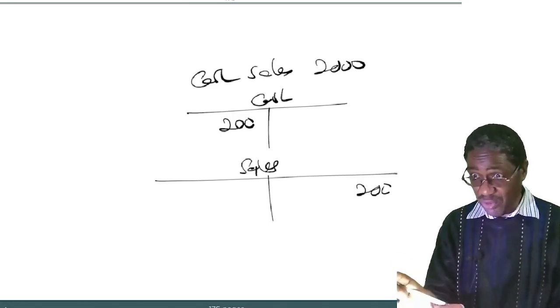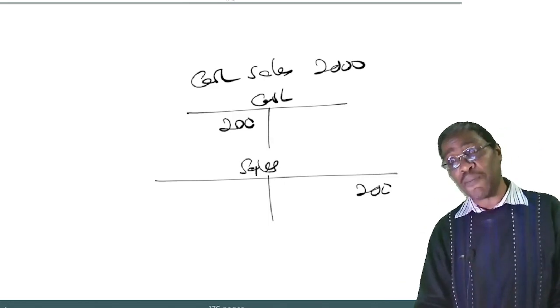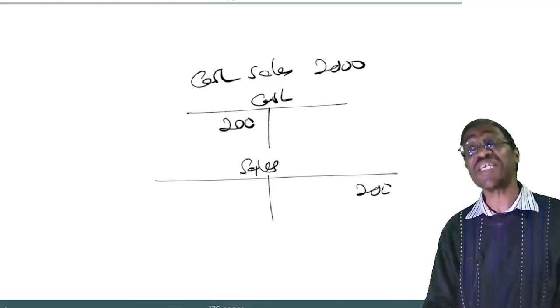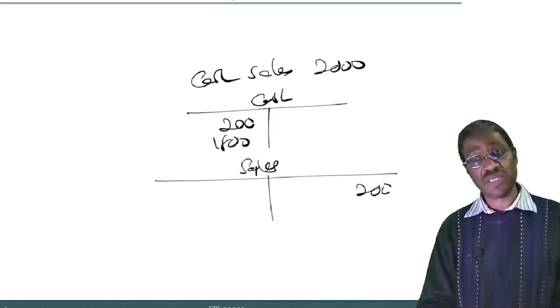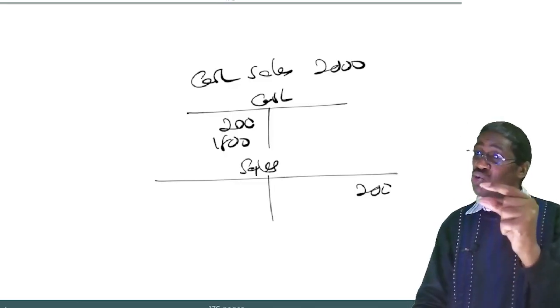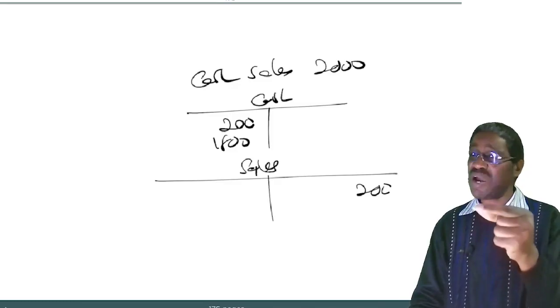We shall look at the format. But if I'm to correct this error, I'm supposed to come to the cash account and increase this amount by another how much? 1,800. Remember, the sales were 2,000. So if I recorded 200, I undercast the cash sales by 1,800.